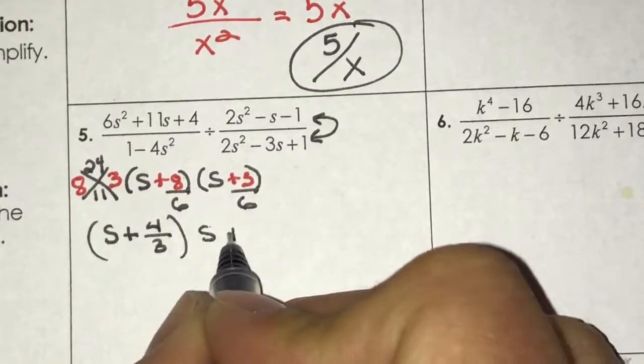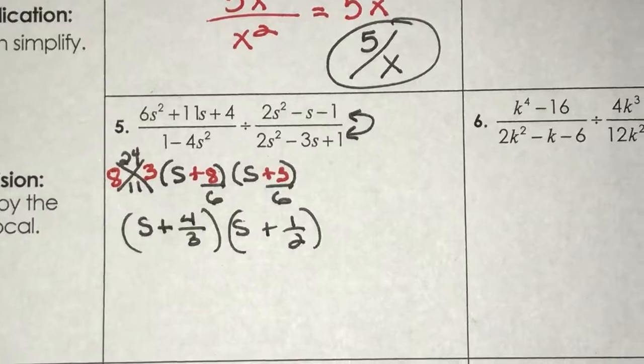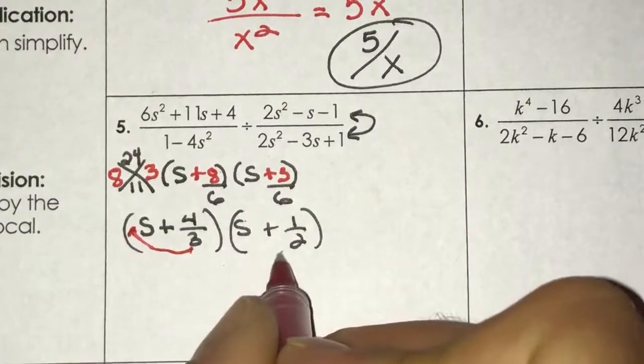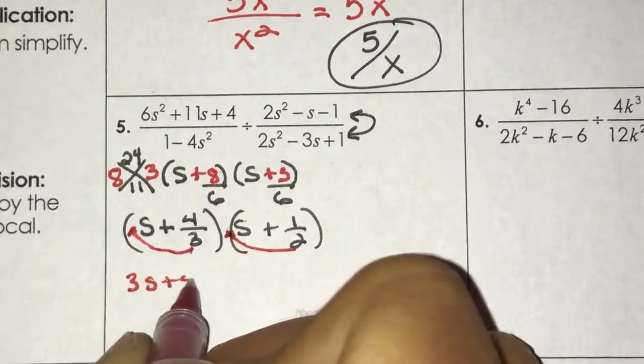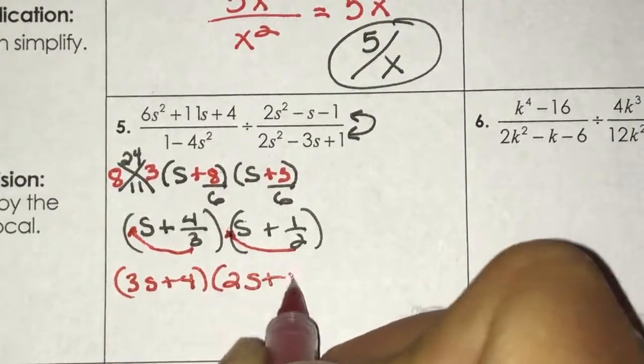And then this is 1/2. This is why we call it bottoms up, right? After you simplify the fractions, that goes up. So 3s plus 4 times 2s plus 1.